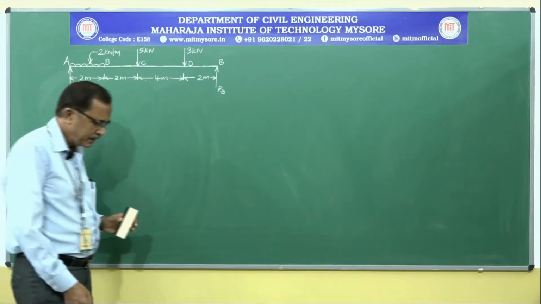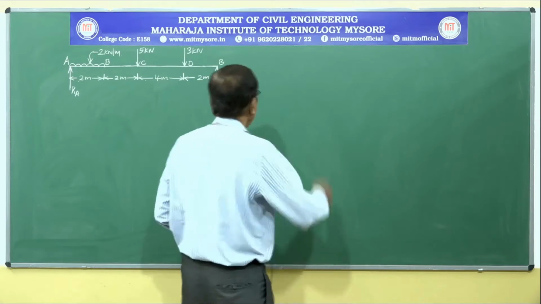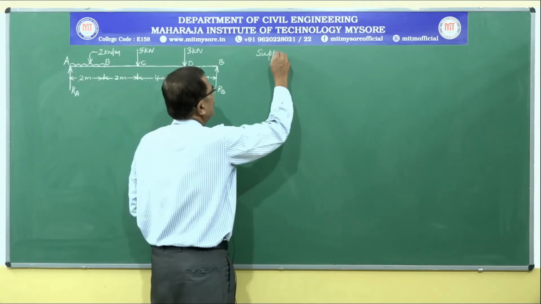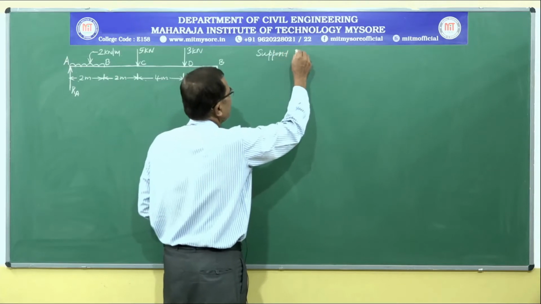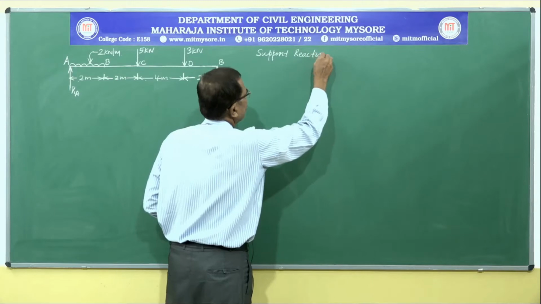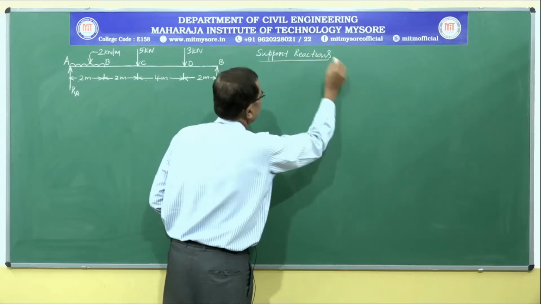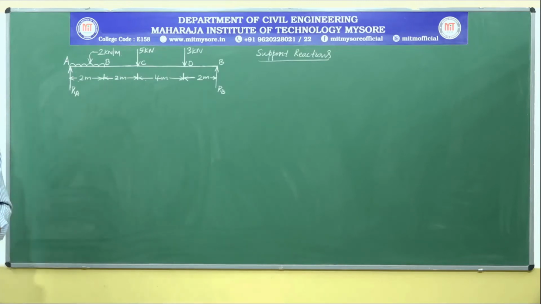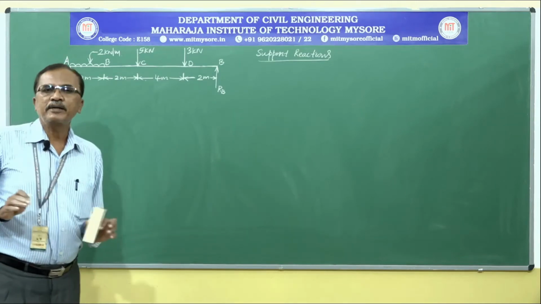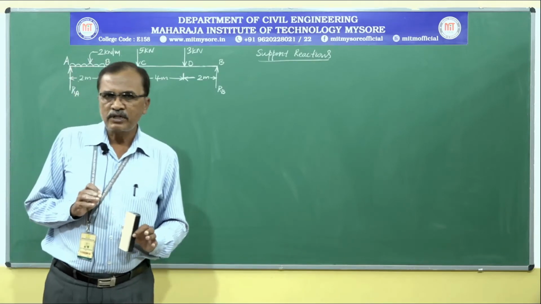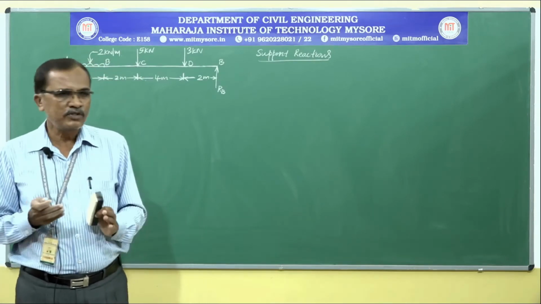Now we'll come to the right hand side. Let us calculate first the support reactions. As we already discussed, horizontal force components have nothing to do with the shear force and bending moment.